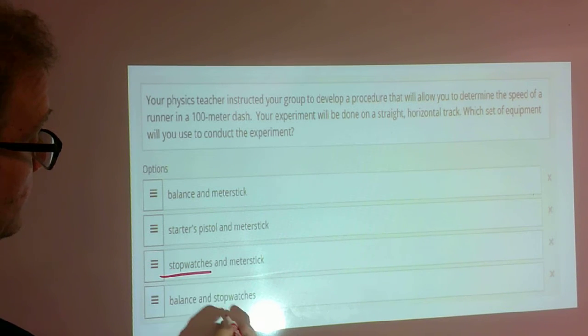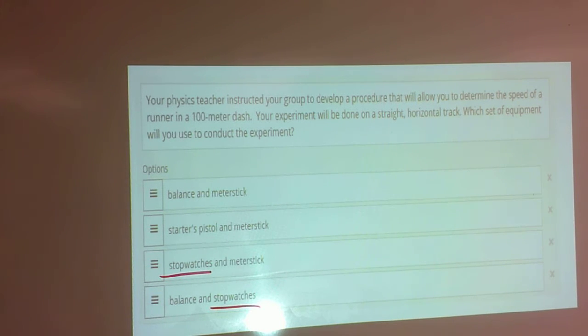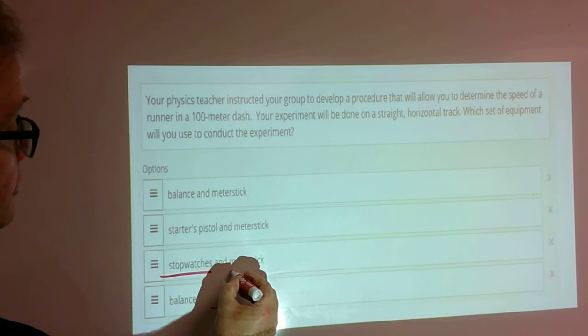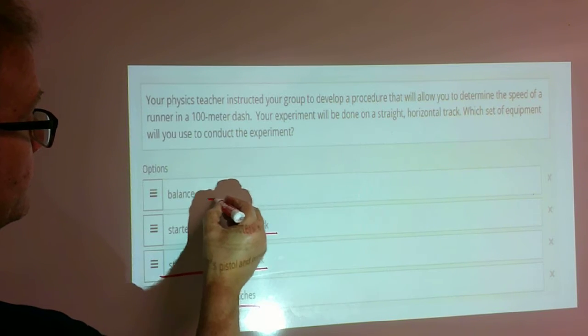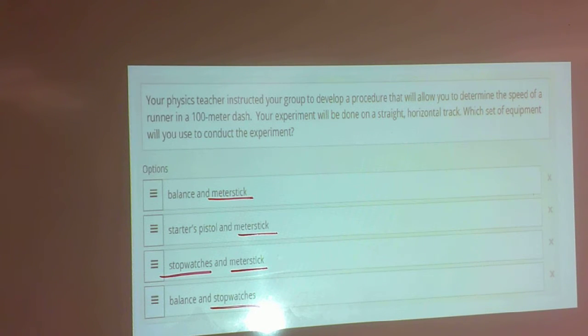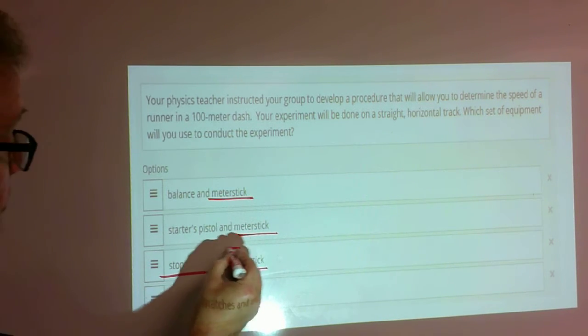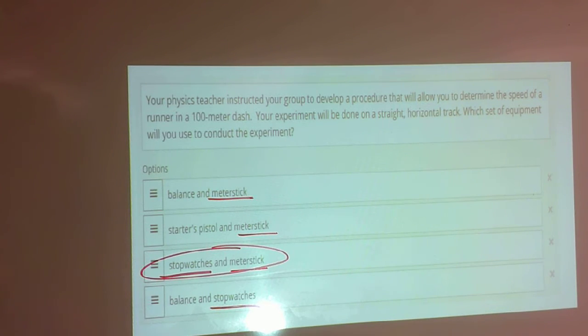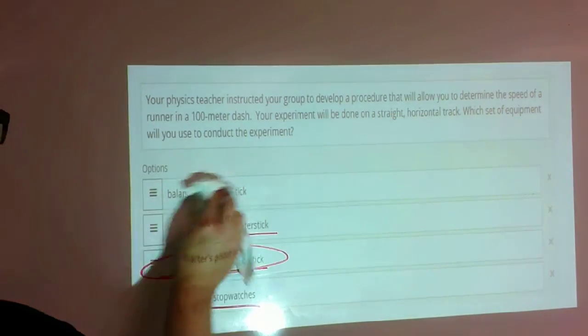We've got a stopwatch. We're also going to have to know distance, which is a meter stick. The only one that is consistent with both is this one here. Again, this one was actually a kind of simple one. You just had to think about process.